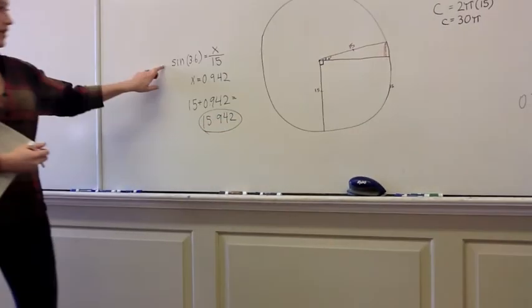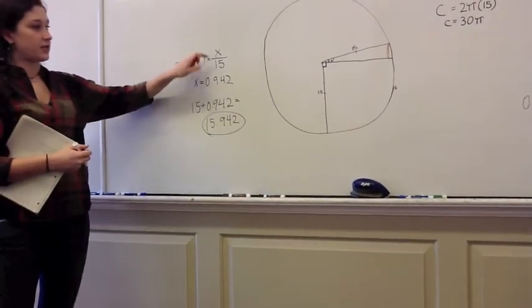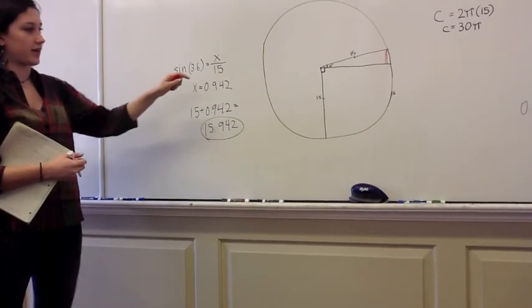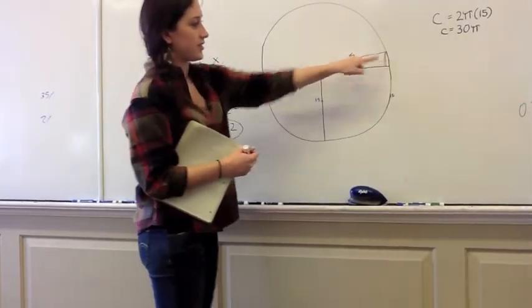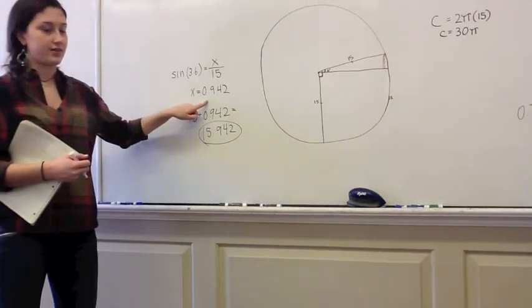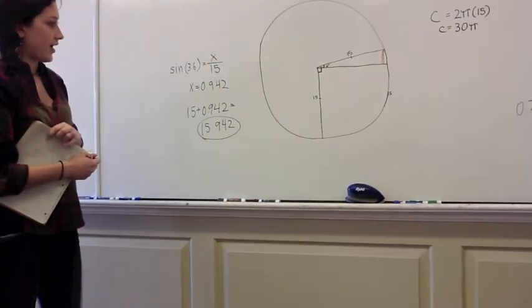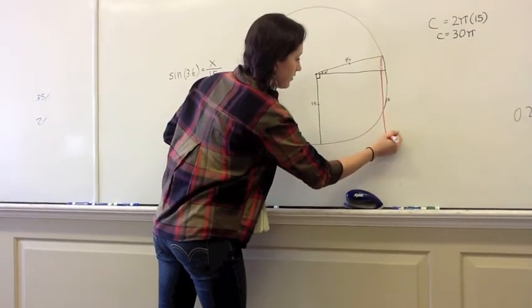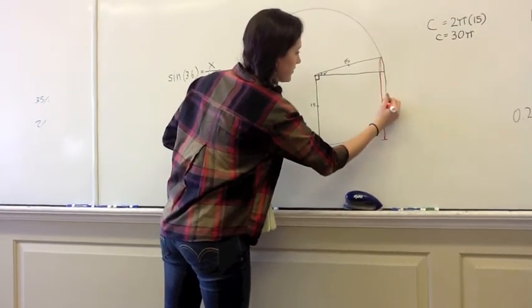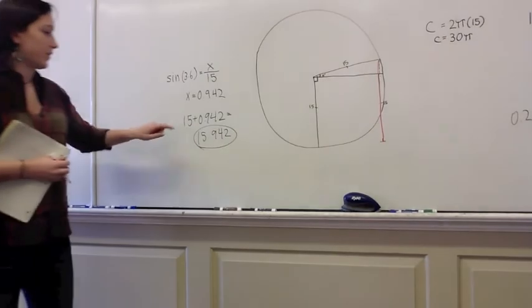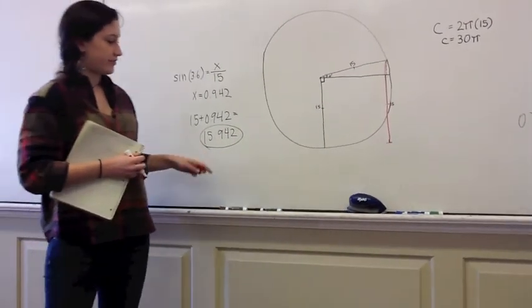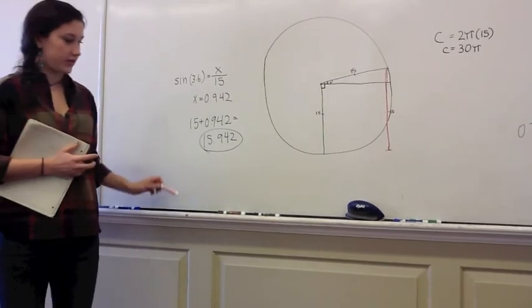And using sine 3.6 equals the opposite side over the hypotenuse, we can calculate that this distance right here is 0.942. And because we know that this entire distance right here is going to be 15, we add the two together and we find that the total height is 15.924 inches.